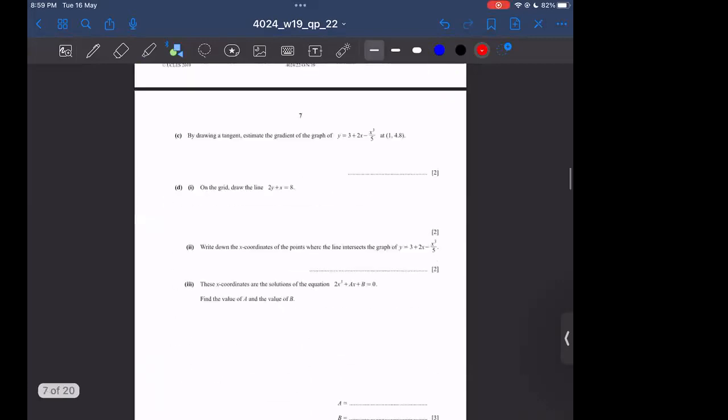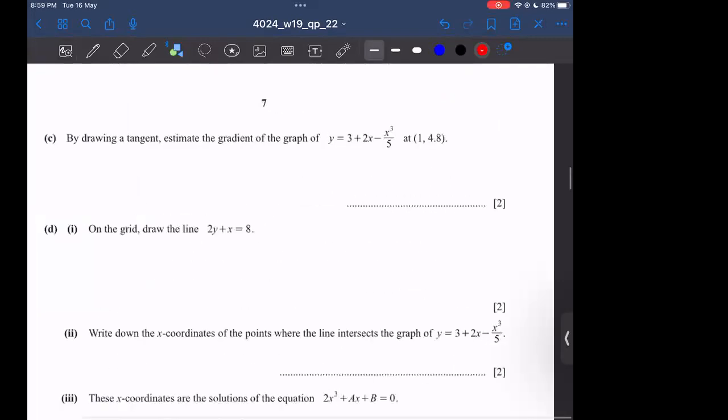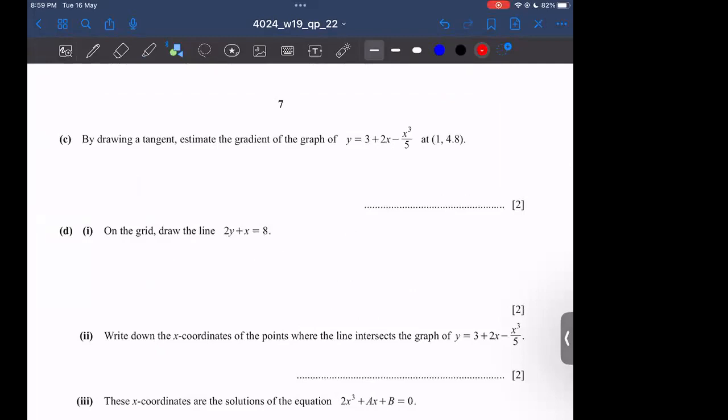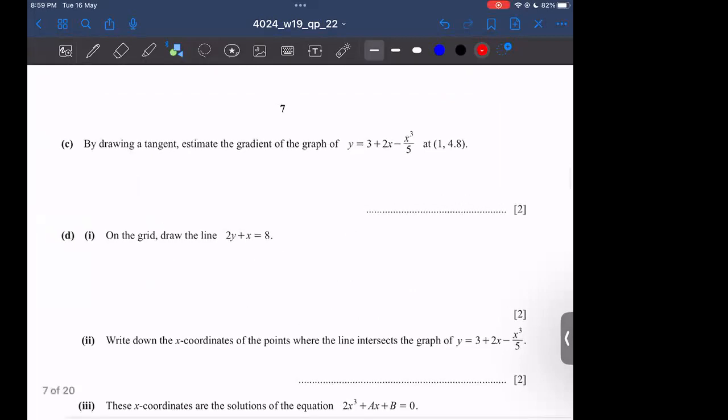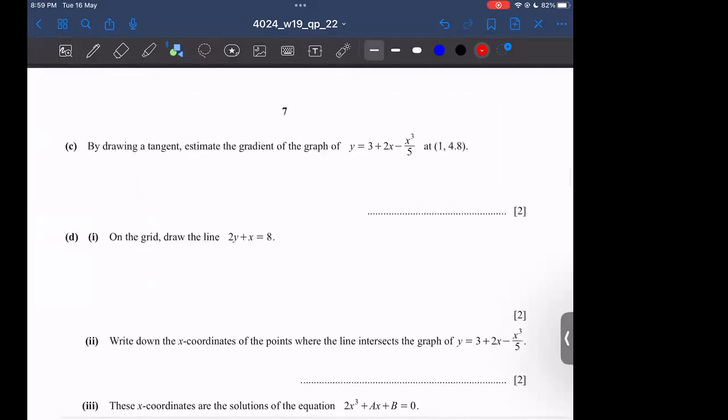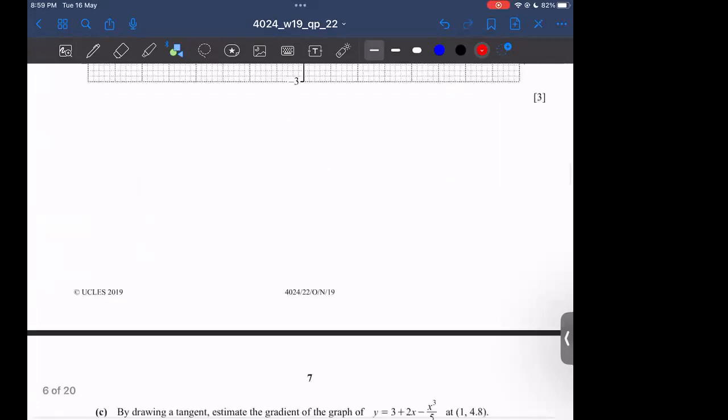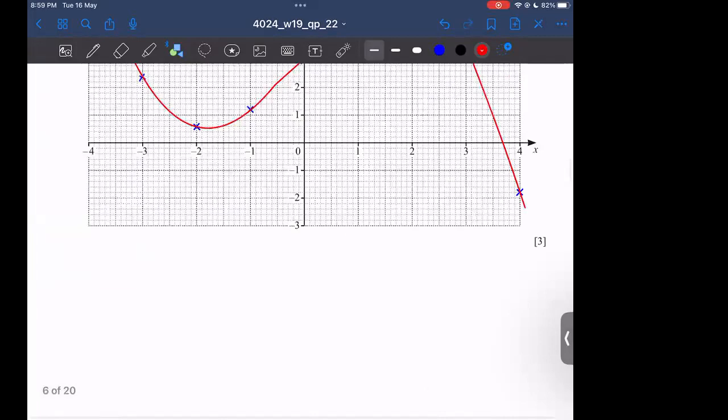It says by drawing a tangent, estimate the gradient of the graph y equal to 3 plus 2x minus x cube upon 5 at 1 comma 4.8. So which point is the 1 comma 4.8? This one is 1 comma 4.8. So I'm going to make a graph.